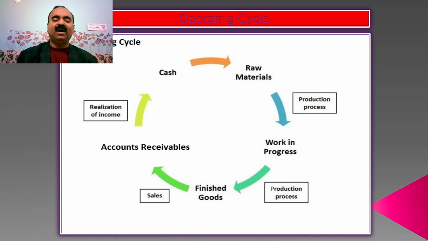We can observe that with cash, we purchase raw materials, and raw materials will be converted into work in progress in production process, work in progress again converted into finished goods in production process, finished goods after sales become accounts receivables, and accounts receivables will be converted into cash after realization of income.